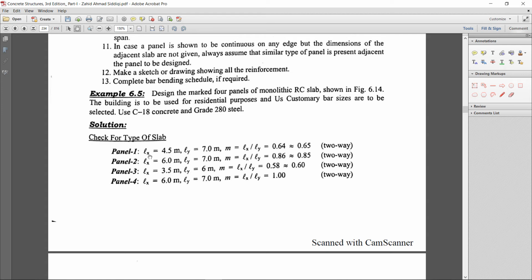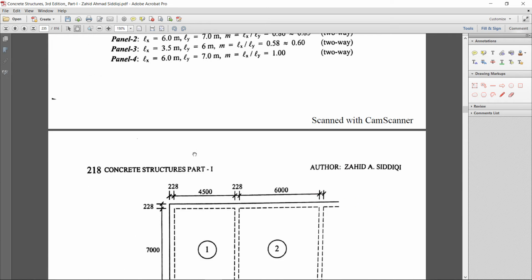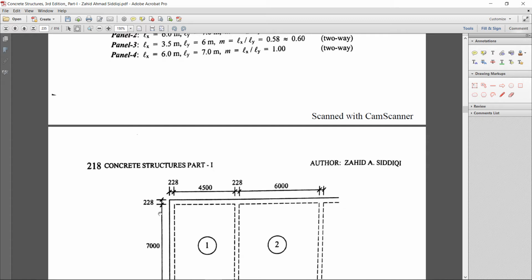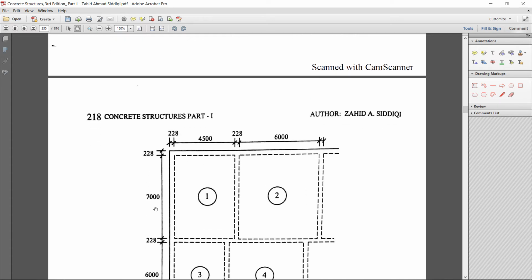Slab panel 1 has a shorter span length and a longer span length. Its clear length in the shorter direction is 4500 and in the longer direction is 7000 millimeter. The supports are 200 millimeter, which means all the supports are walls.